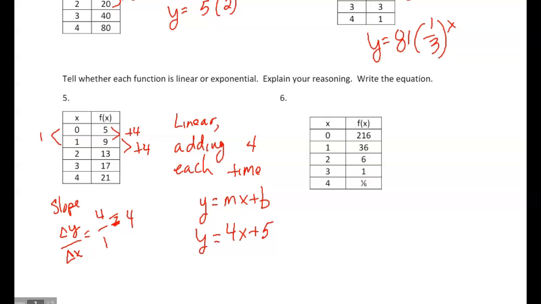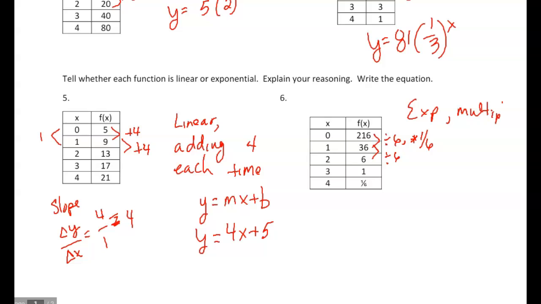But then over here, we're getting smaller. We're dividing by 6 each time. But we're dividing, or really that's the same thing as multiplying by 1/6. So when we multiply, that's exponential. Okay, and why is it exponential?